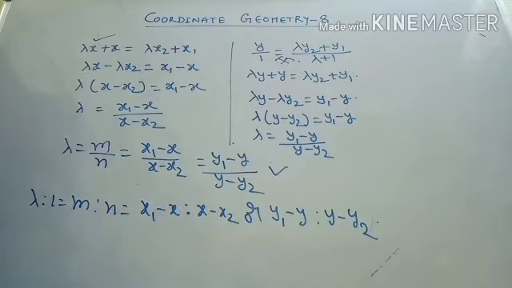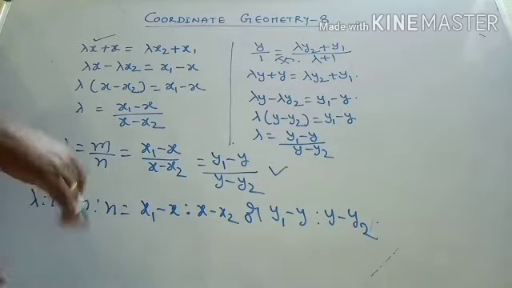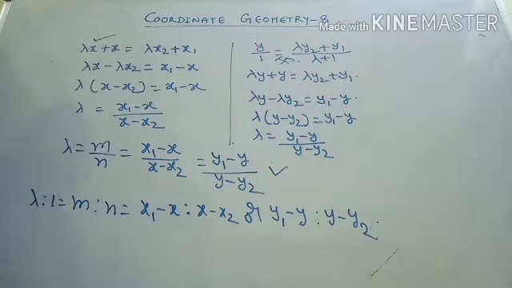Either you know how to find the ratio manually, or you can use this direct formula to solve problems. You can use this as a result and solve many problems on how to find the ratio. If they give x1, y1, x2, y2, you can immediately get the ratio; in competitive examinations you can use this as a shortcut.